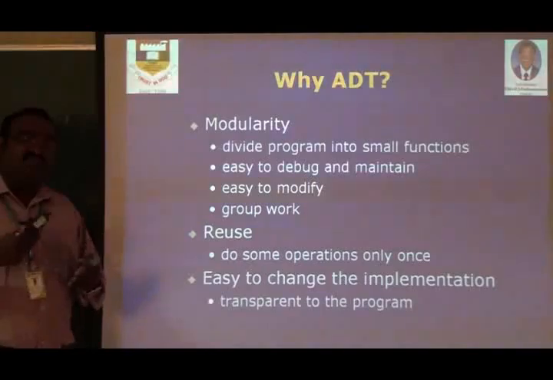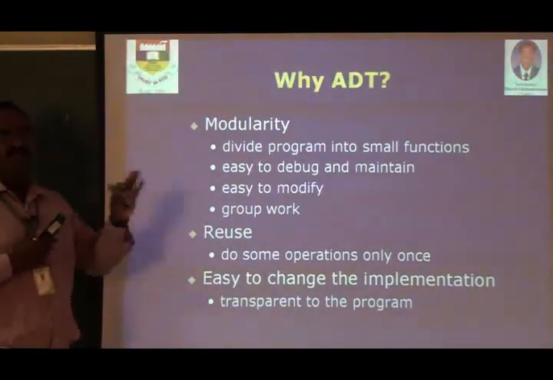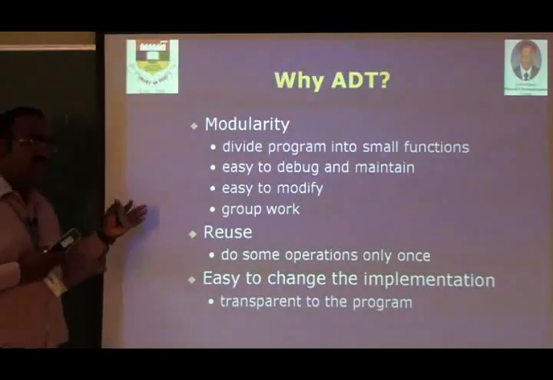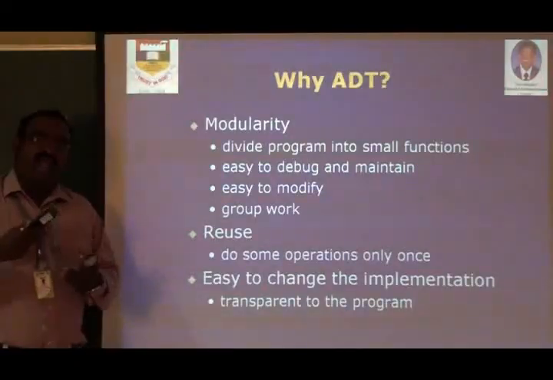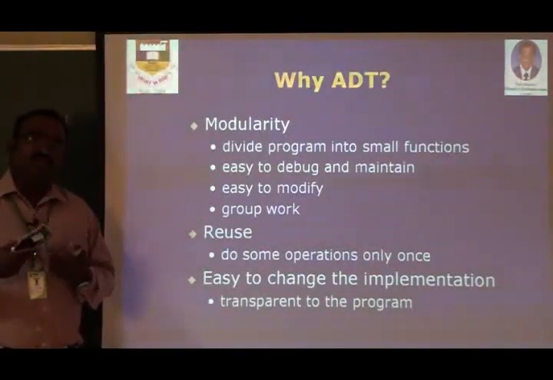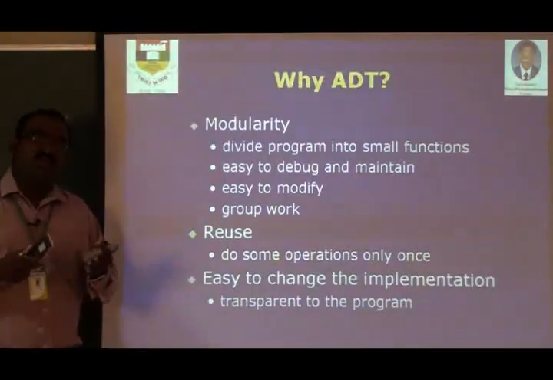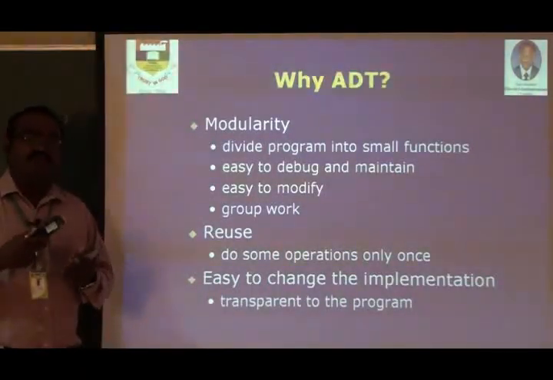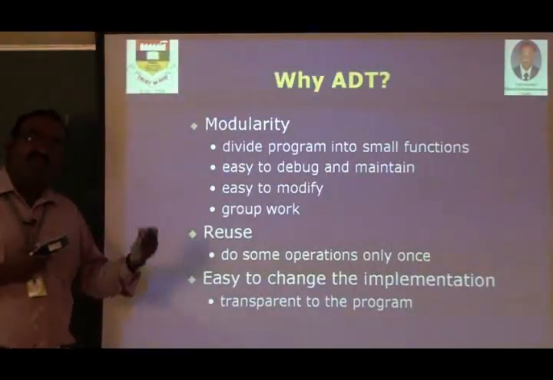If you want an additional feature in a particular module, we can easily add features to that code. Then the other important feature is reuse. For example, we are going to perform 10 additions, with A equal to 1 to 10 and B equal to 1 to 10. We don't need to perform the same operation once again. We have already defined the addition, so again and again we can reuse the same code.